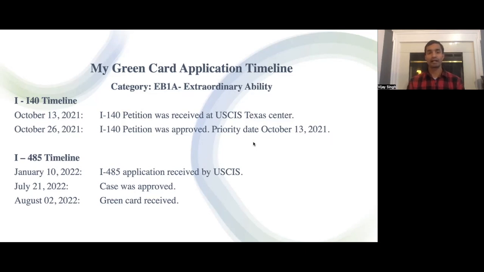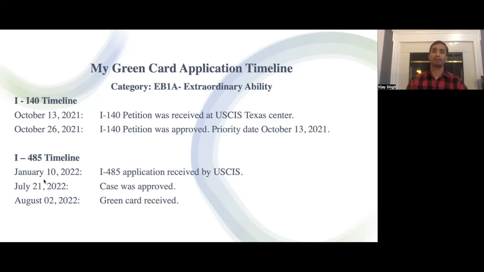After I got my I-140 approved, it took me about 2 months to prepare my 485 application. Most of the documents for I-140 and I-485 are the same, but I-485 required some additional documents, such as a birth certificate. It also requires a medical certificate, which you have to get from a doctor approved by USCIS, and that can take almost a month.